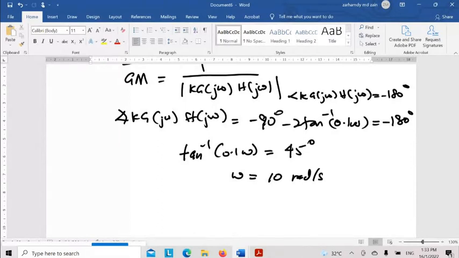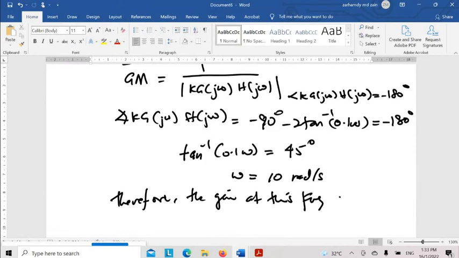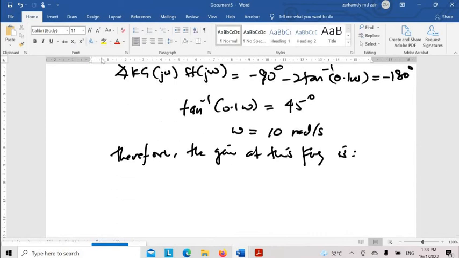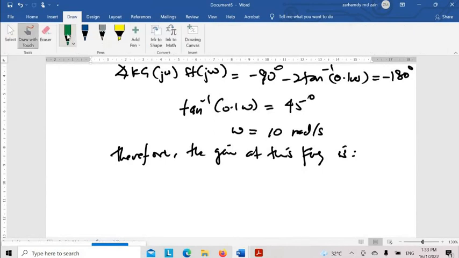Therefore, the gain at this frequency: we are looking for X, so we need to define X first.